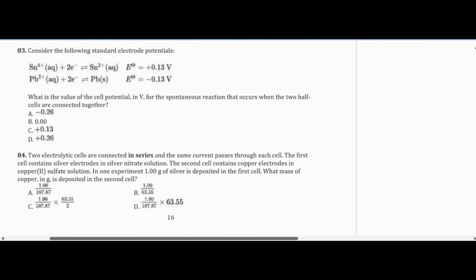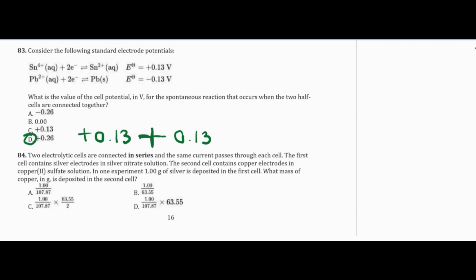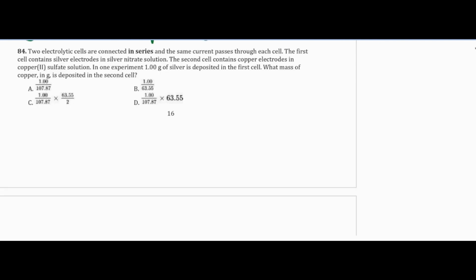83. Consider the following standard electrode potentials. What is the value of the cell potential? Okay, well, we know the drill here. We take the positive one, we take away the negative one, but what in fact we do is we add, and that will give us D, 83D. 84, we have a very wordy question.